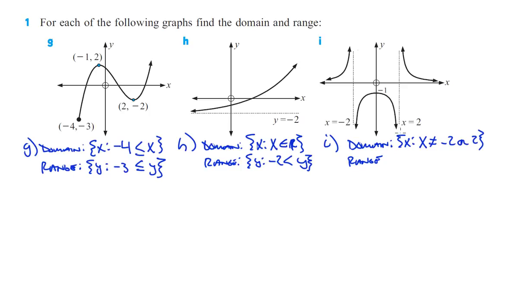is the Y. So it goes forever and ever down and forever and ever up. But this is a weird one because it doesn't hit any of this section right in here, right? So it doesn't hit anything from 0 to -1. So I'm going to actually write this as two different range pieces here. So we've got Y such that, now we've got -1.